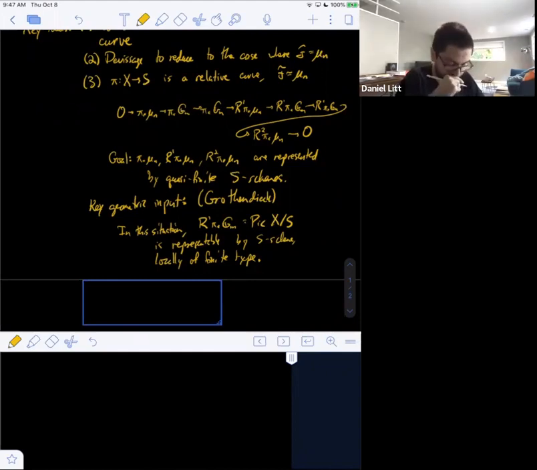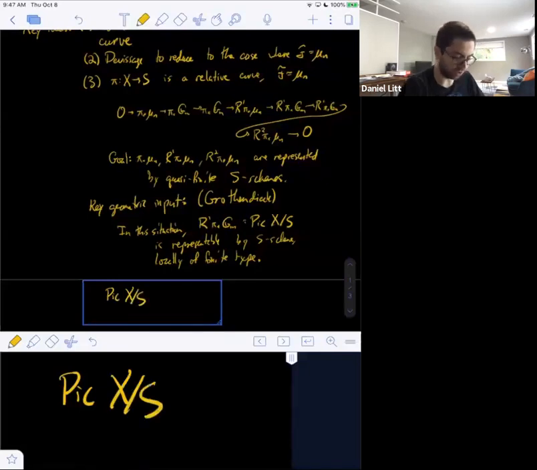This is really non-trivial. Maybe it's worth noting what this functor Pic of X over S is, since we can actually write it down.